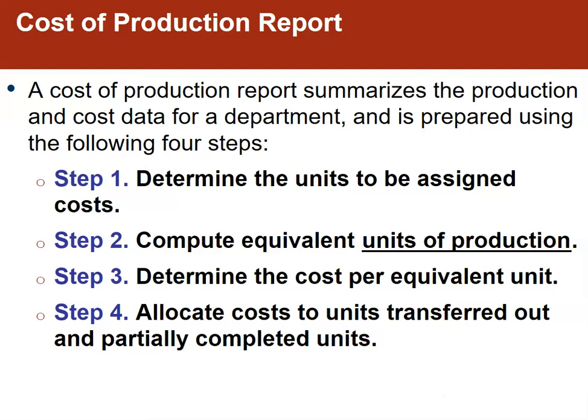But maybe for another type of cost that we're incurring, say conversion cost, we may only be 50% of the way completed. So we have to use this process of equivalent units of production. And if we're going to do that, we're also going to have to determine the cost per equivalent unit.